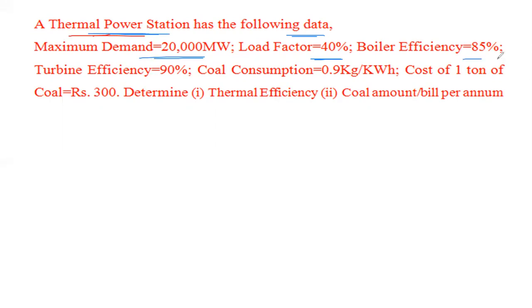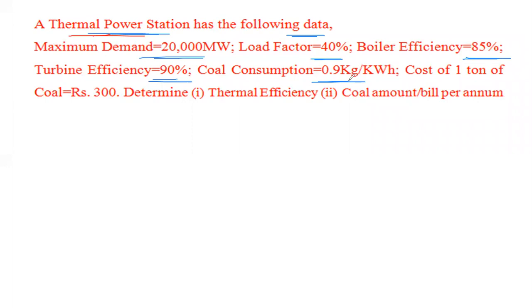The boiler efficiency is 85%, that is 0.85, and the turbine efficiency is 90%, that is 0.9. The coal consumption is 0.9 kg of coal required to generate 1 kWh of power.